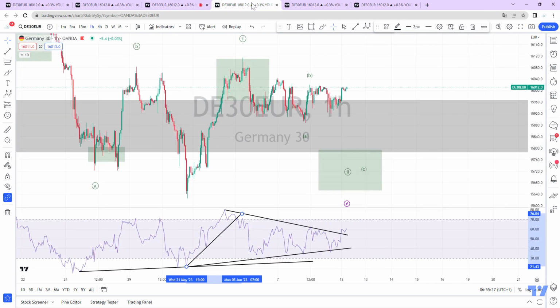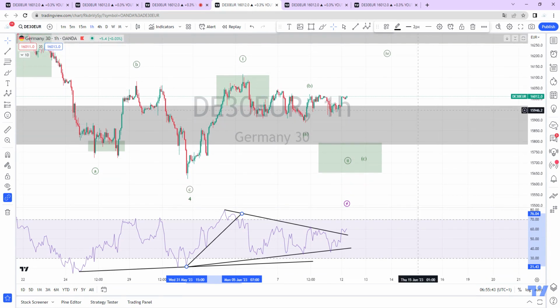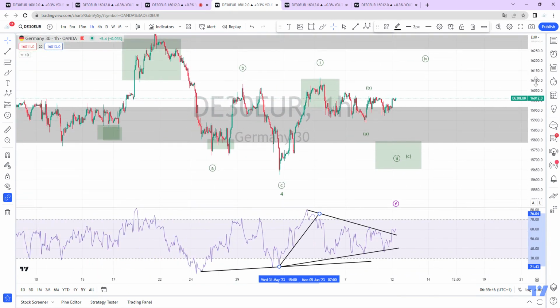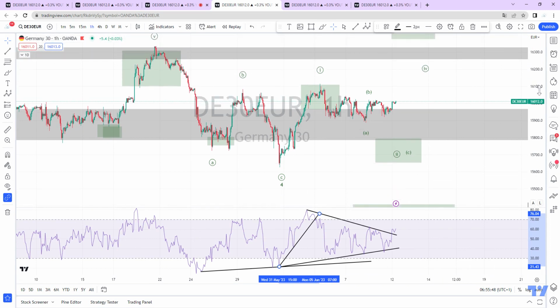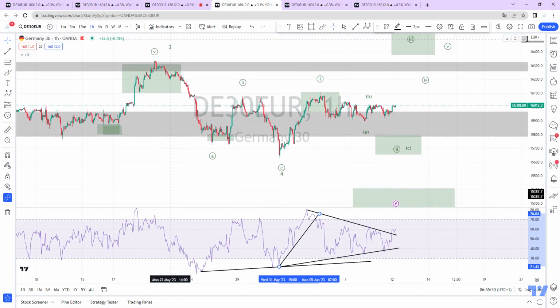So let's further zoom in to the 1 hour. Yes, so this here is our wave 3 high. This is the 4. So after a wave 3, we have to correct in a wave 4. And I see an ABC structure here as a wave 4.